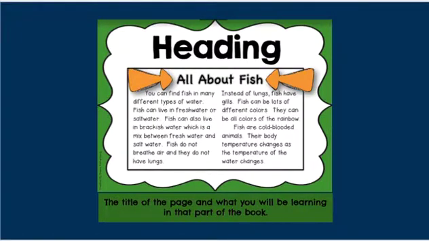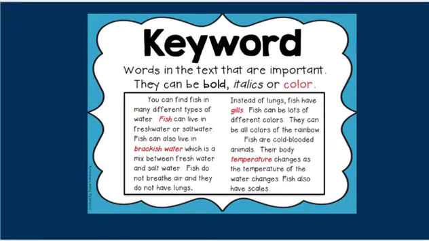Okay, so when there's a heading and where you see the two orange arrows, that's the heading all about fish. It's the title of the page and it tells you what you're going to be learning about in that part of the book. Keyword. Okay, so words in the text that are important.